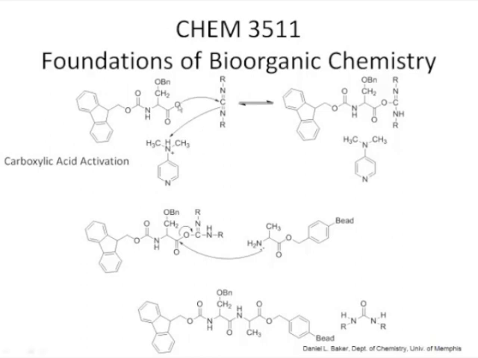So if this carboxylic acid attacks this electron deficient carbon, and we pick up a proton here from our dimethylaminopyridine, which is a catalyst for this reaction, then we get this activated form of the carboxylic acid. Okay.